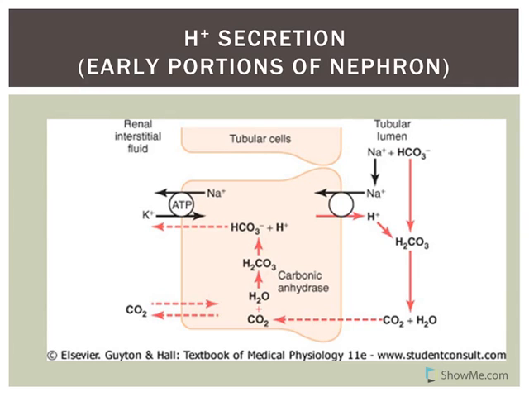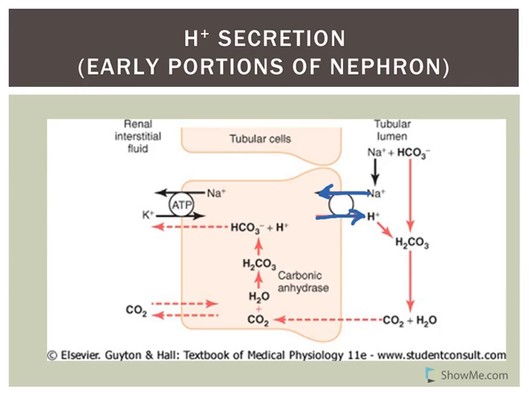What you see here is showing what typically happens: you're going to have secretion of hydrogen ions by secondary active transport. And so here you see hydrogen ions being secreted in exchange for a sodium.